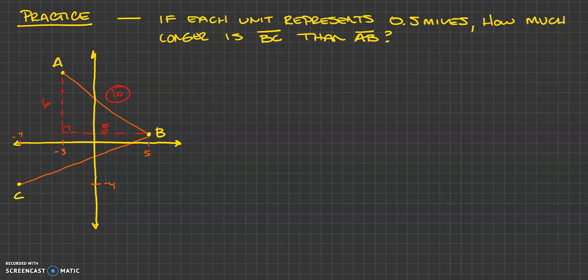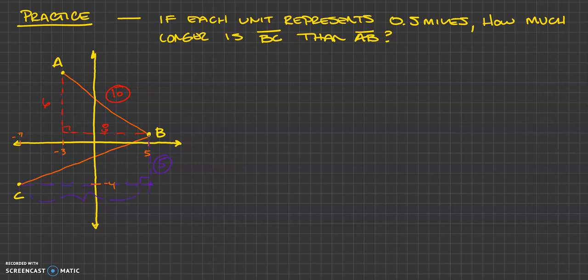Let's create another right triangle. And there's this one. Let's go from B, 1, 2, 3, 4, 5. So that's a 5. And let's go from this point that I just created here to 1, 2, 3, 4, 5, 6, 7, 8, 9, 10, 11, 12.